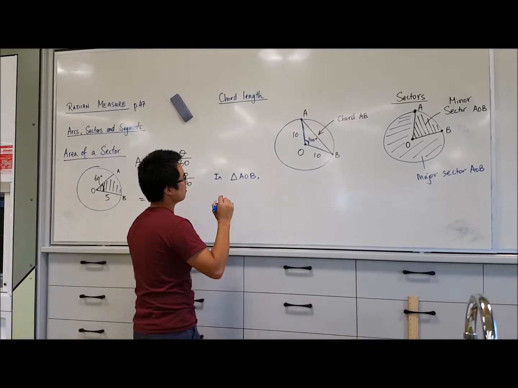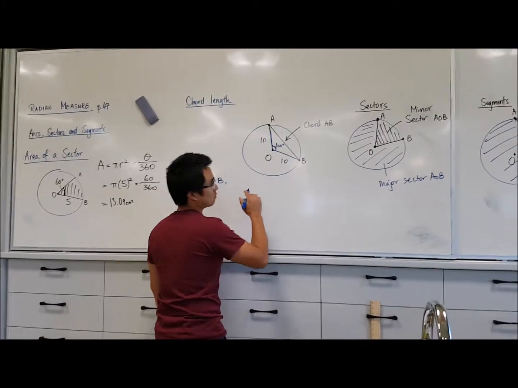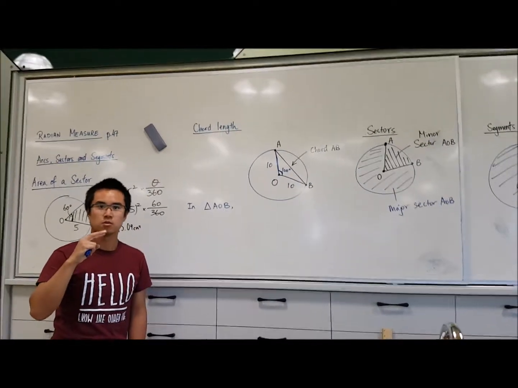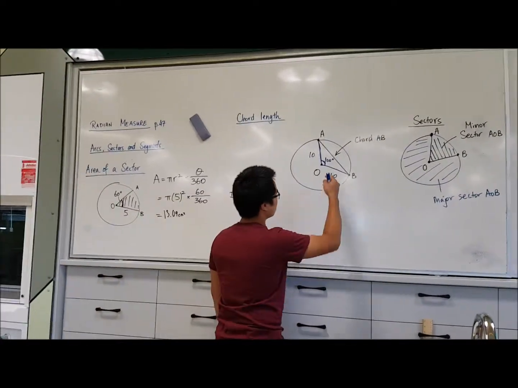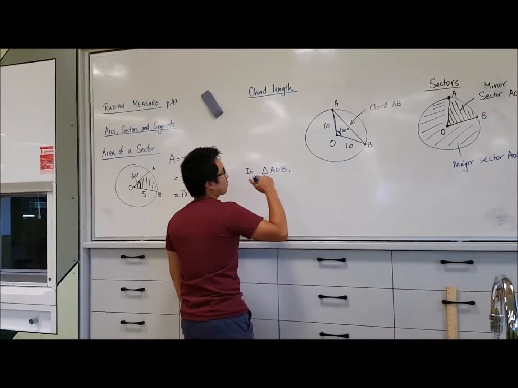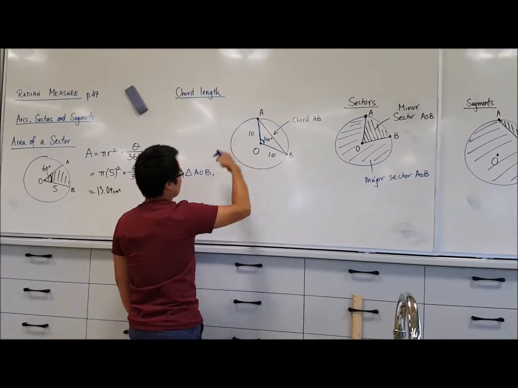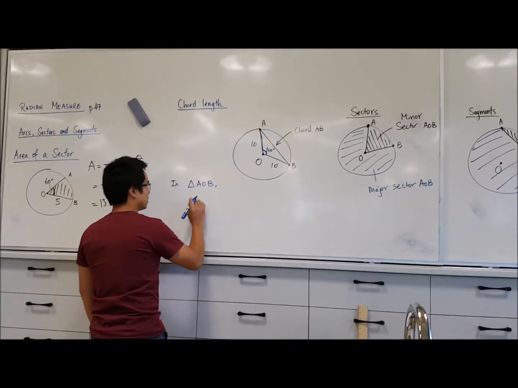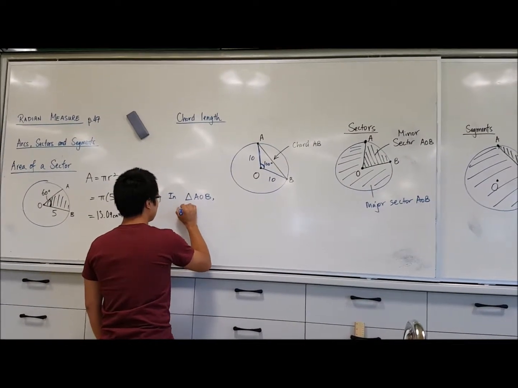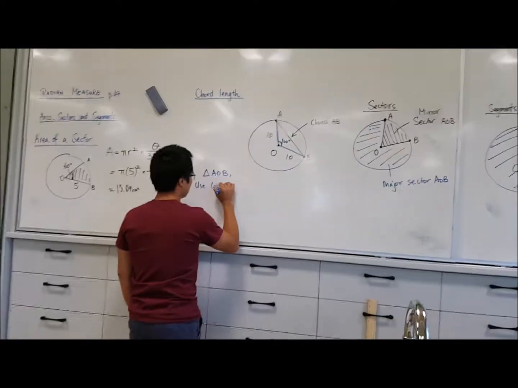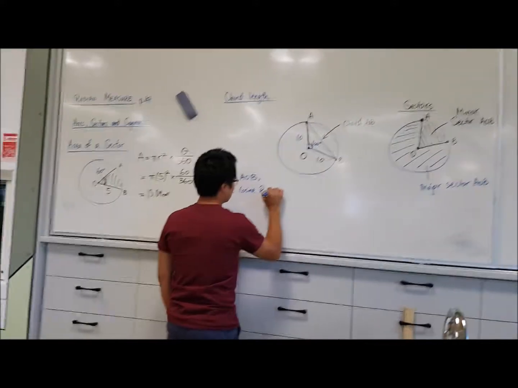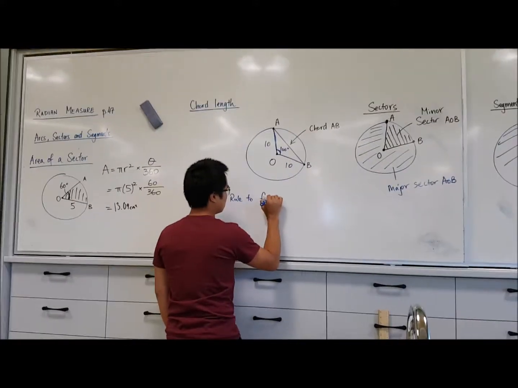Remember the sine rule is one where there are pairs of sides. For the cosine rule, I don't have pairs because I need one angle, and these aren't opposite that angle. So I have to use the cosine rule to find AB.